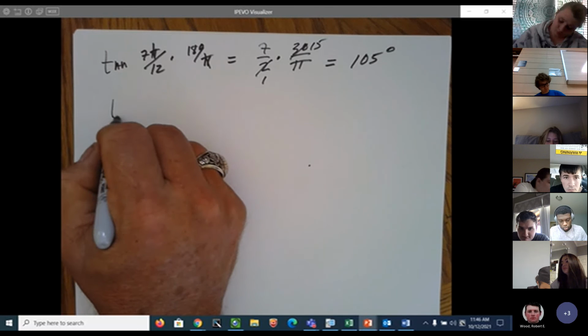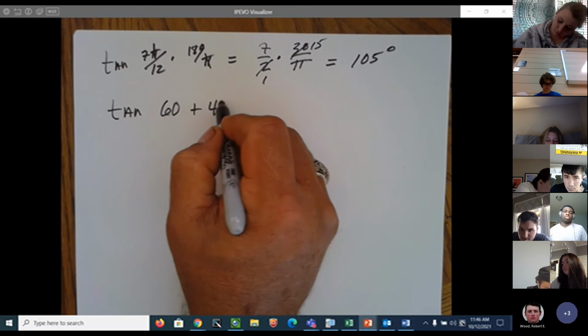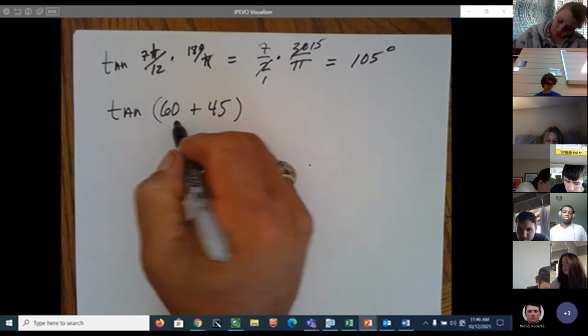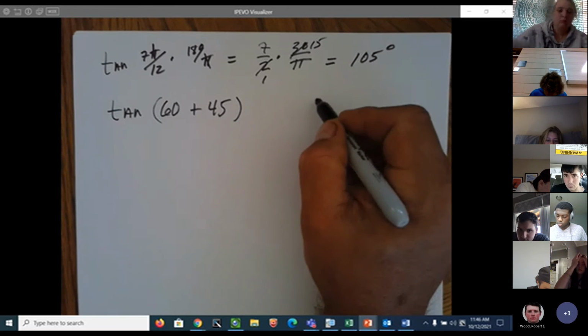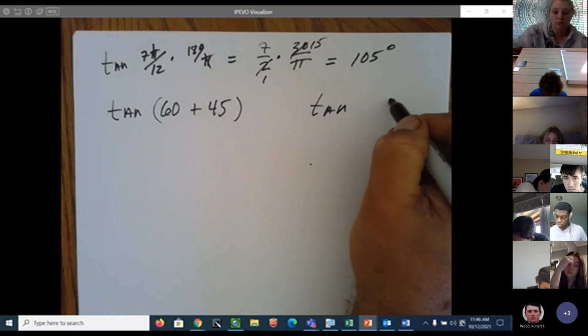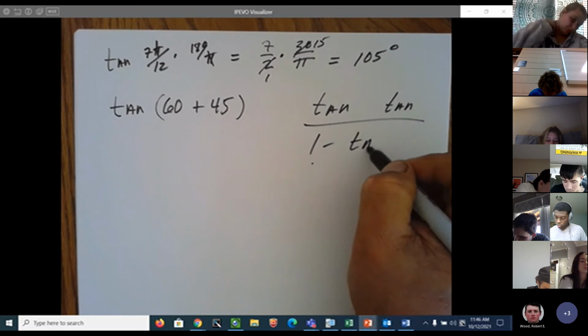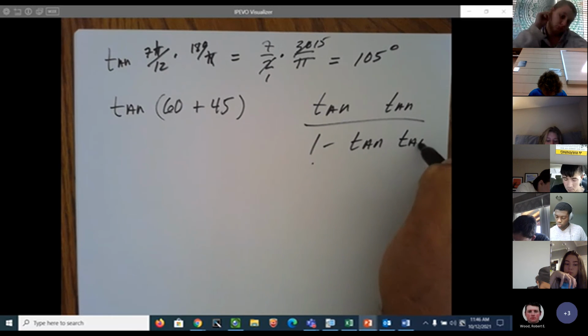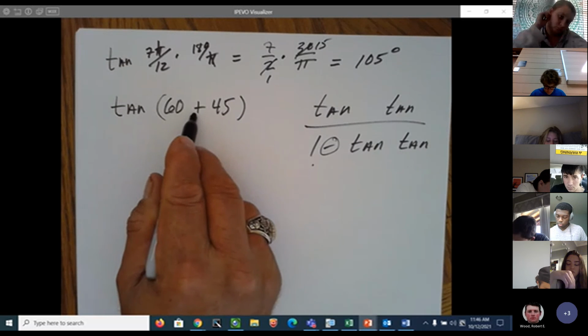So tangent of 60 plus 45. Well, that's tan plus tan over 1 minus tan times tan. Because I know this sign is opposite of this sign.